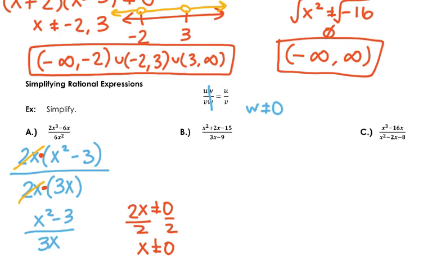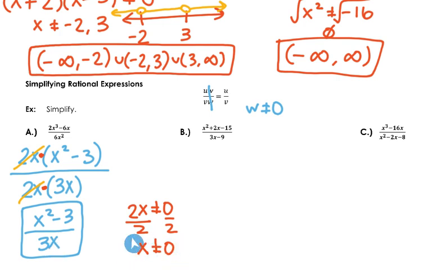Now, for this particular problem, I would normally specify this, but any student in intermediate algebra and beyond would be able to look at this expression here and say that the denominator can never be 0, so in this case, x can never be 0, because 3 times x cannot equal 0.